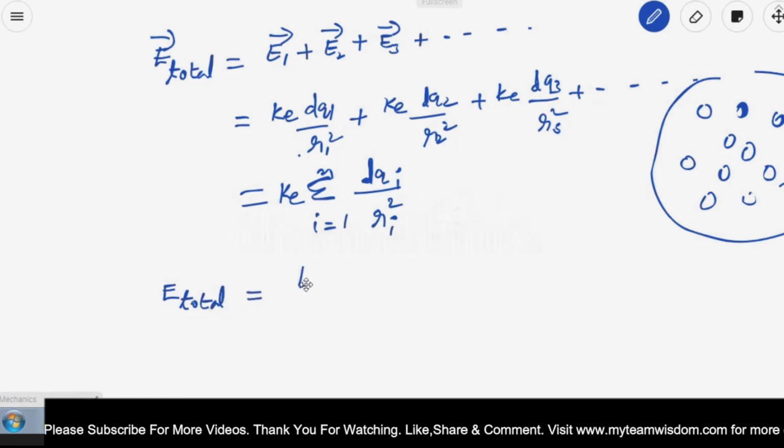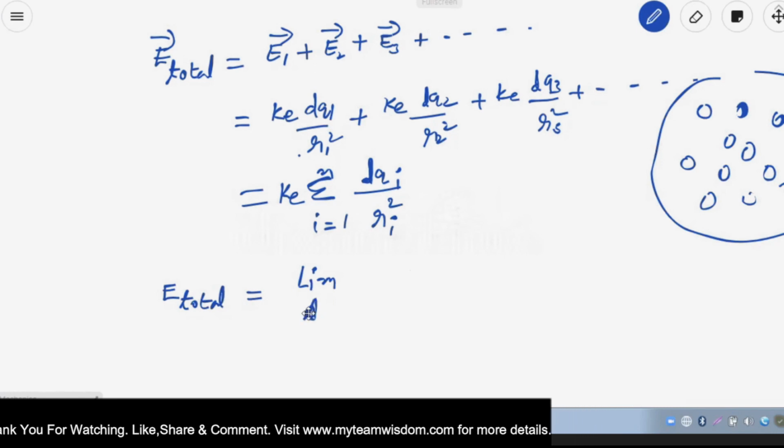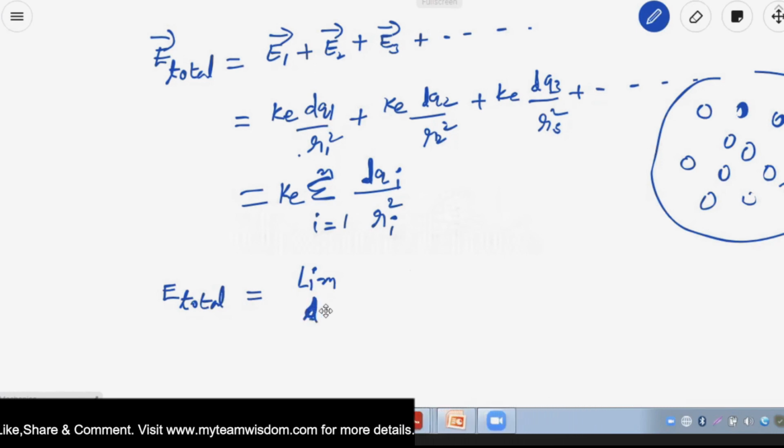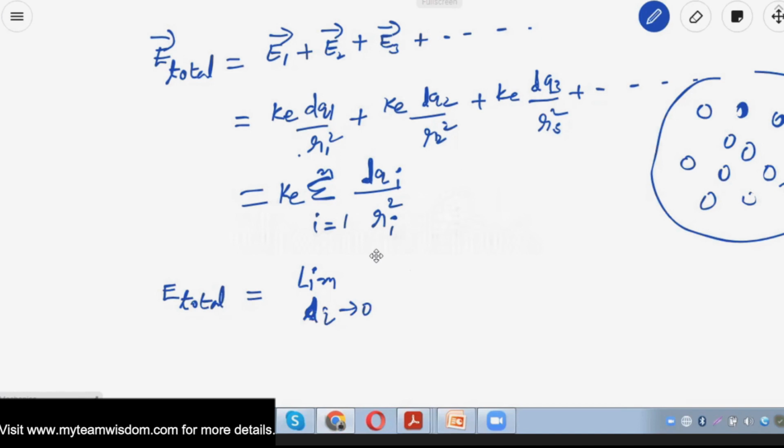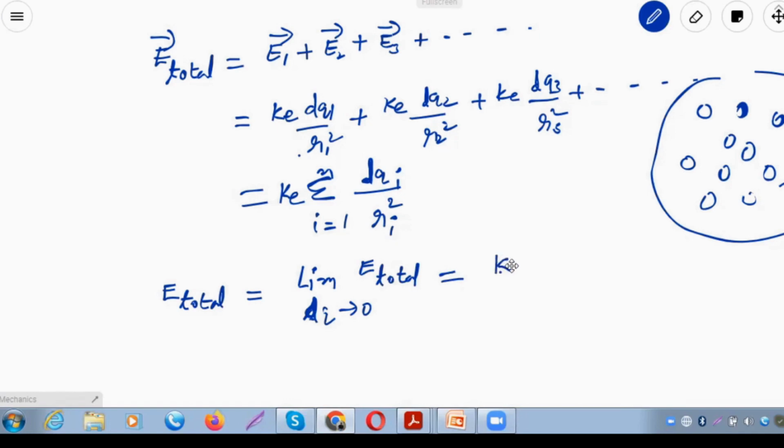in the limiting value, if you take the limit dq tends to 0, E total is K into, the summation is being replaced with the powerful tool called integration.